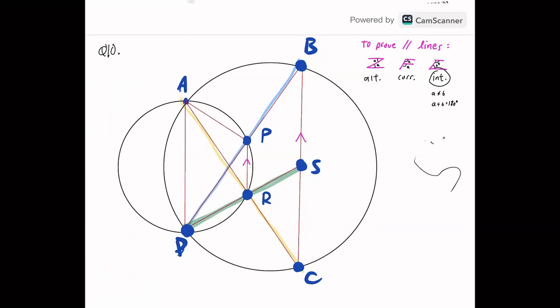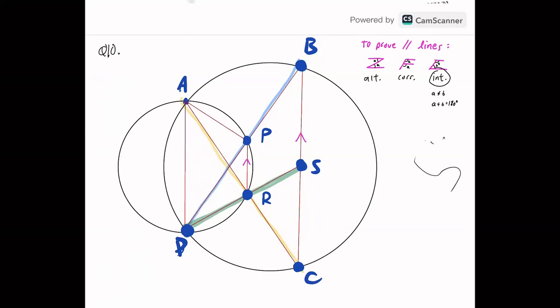So let me just look at my answer key first. If not, I waste your time. Let's take a look. I start off with an angle DPR, and let me just double confirm first. Yes, correct.